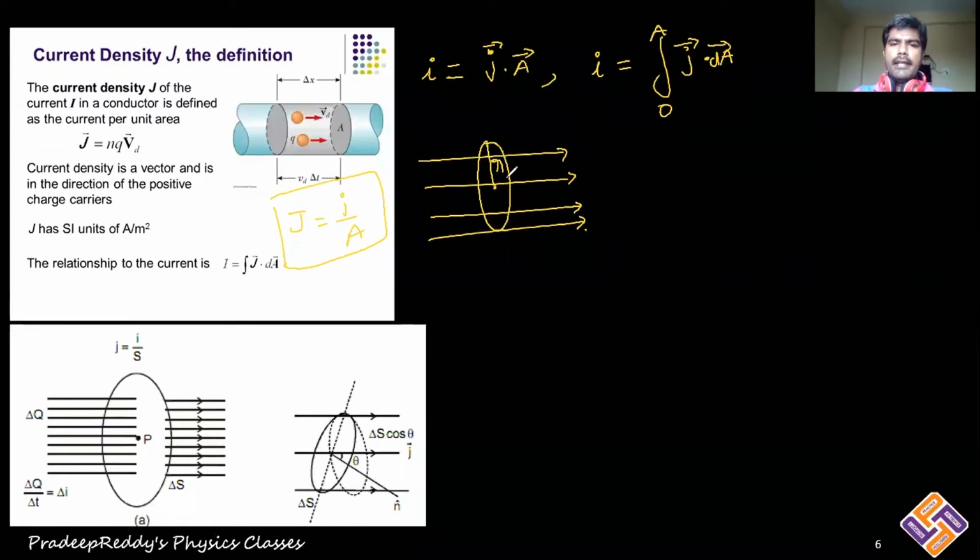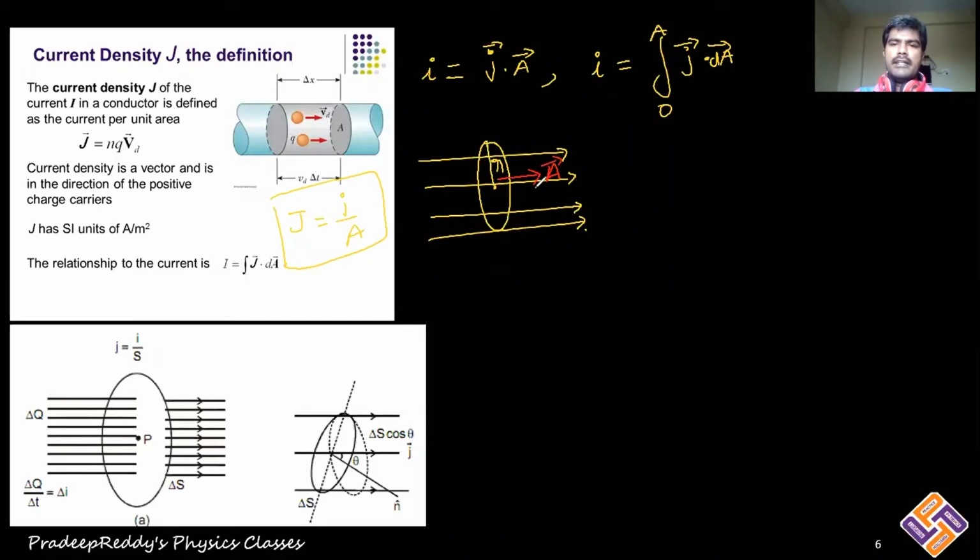Now see, the area vector is always perpendicular to the area of cross section. This yellow color represents the area of cross section, which is the plane of the area, whereas the area vector A bar is perpendicular to its plane.